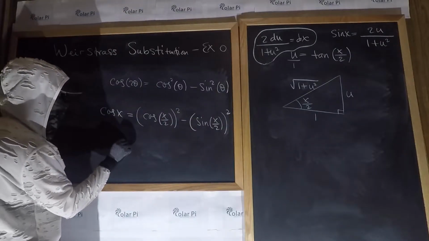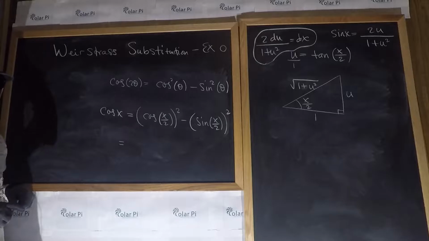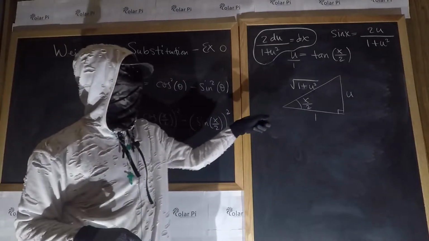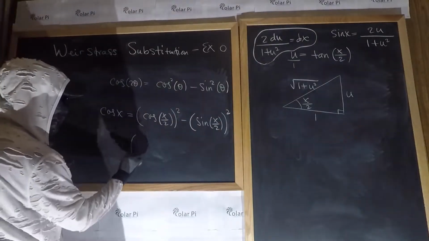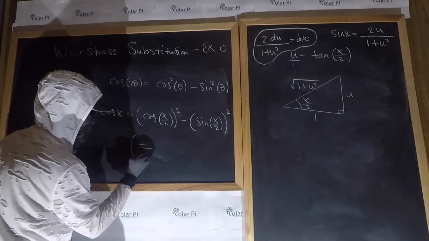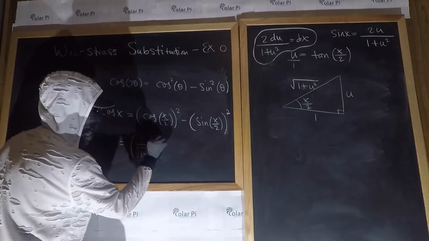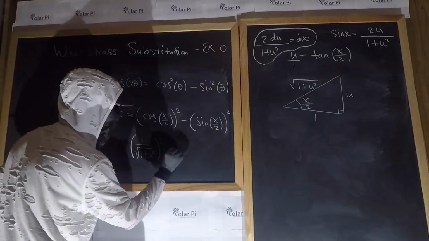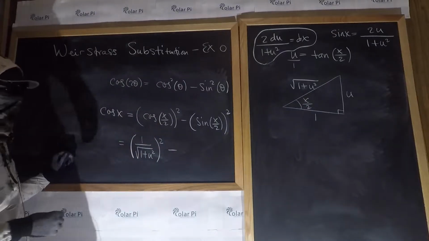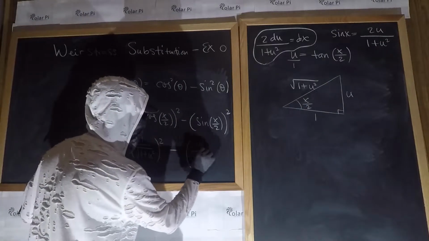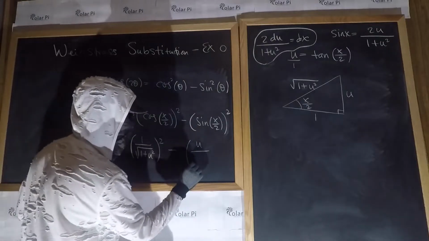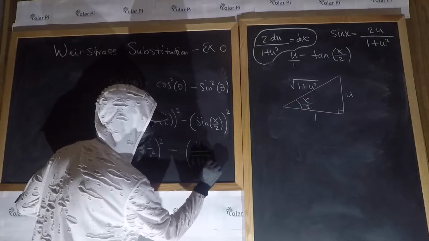Okay, so cosine x over 2 is 1 over root 1 plus u squared, and sine of x over 2 is u over root 1 plus u squared.